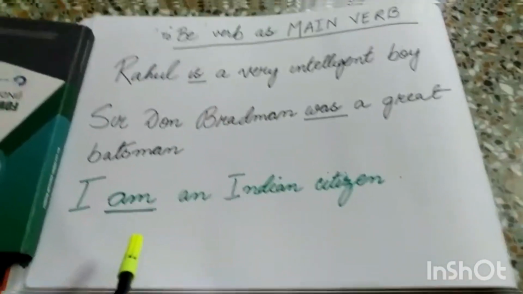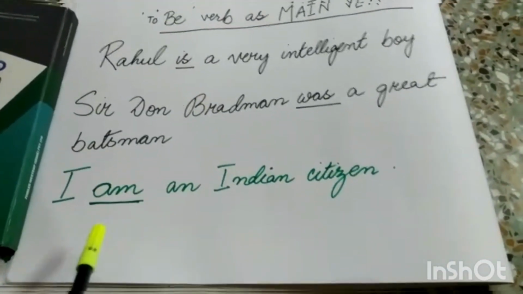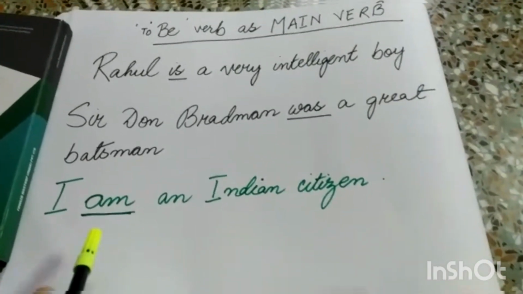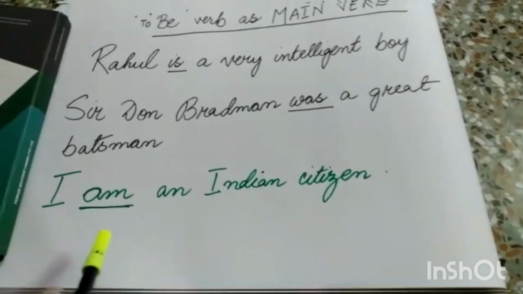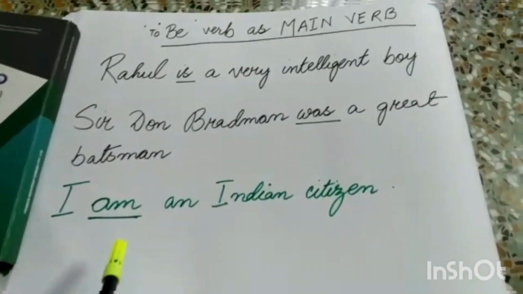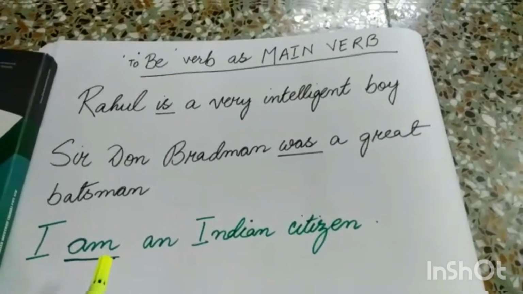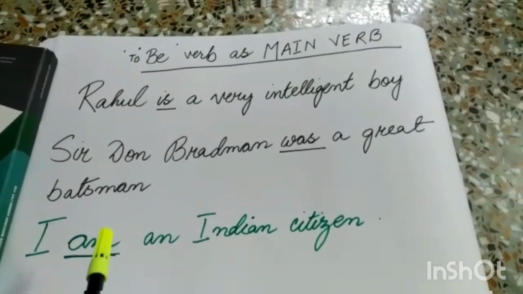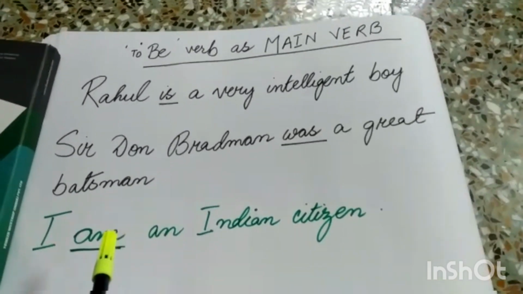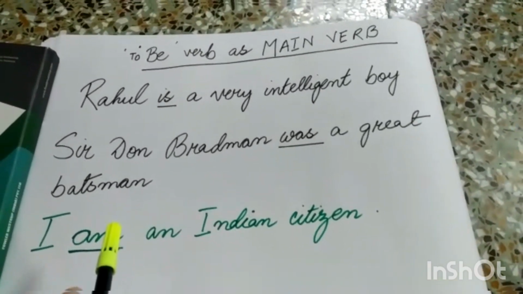And also here, I am an Indian citizen. Here the verb to be, that is the verb am, is being used to state someone's identity. So the to be verb can also be used as a main verb in a sentence apart from being used as a helping verb.